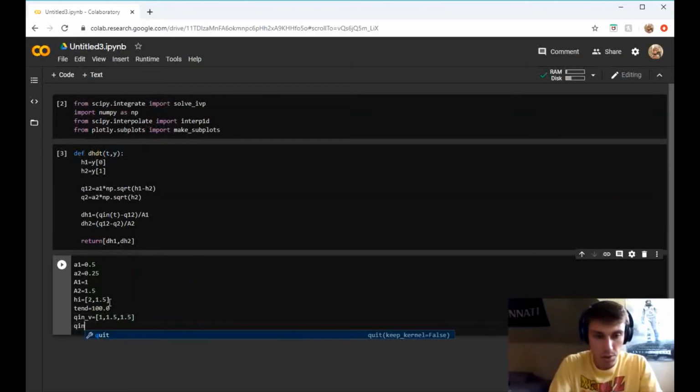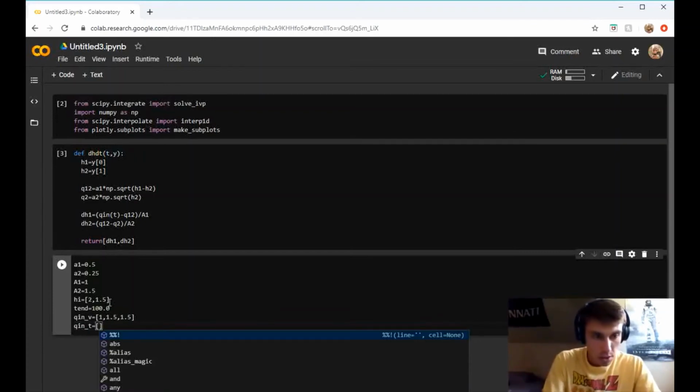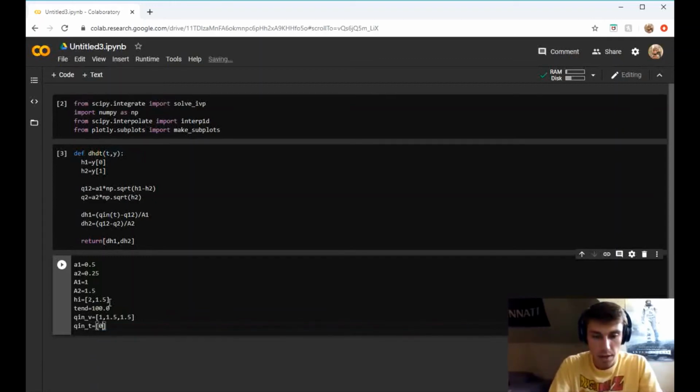Now our Q in T, that's for the time, is going to start at 0, and then it'll stay at 1 for 50 seconds.